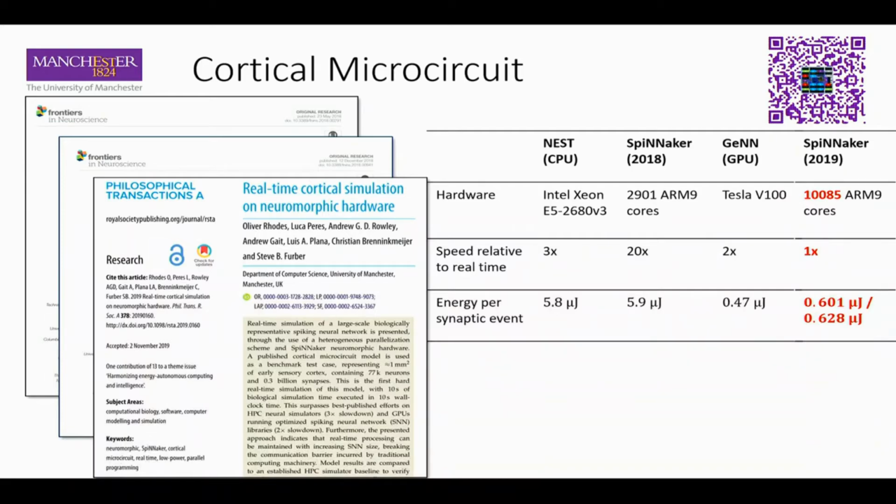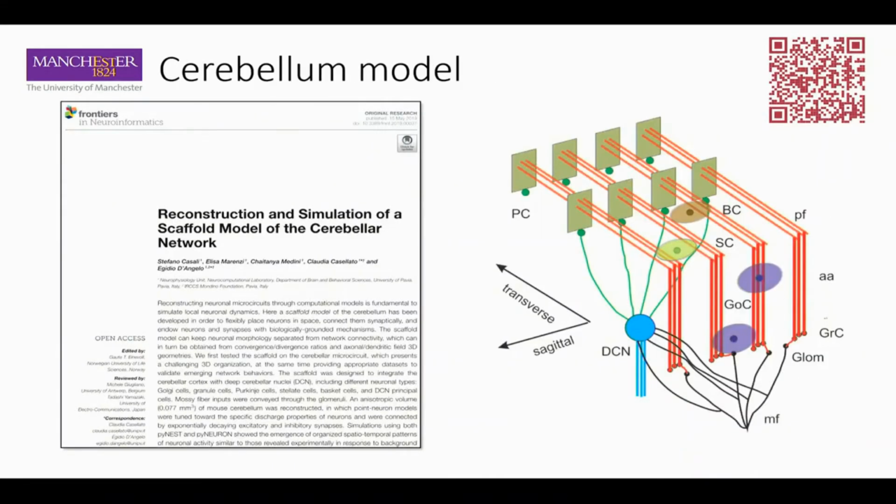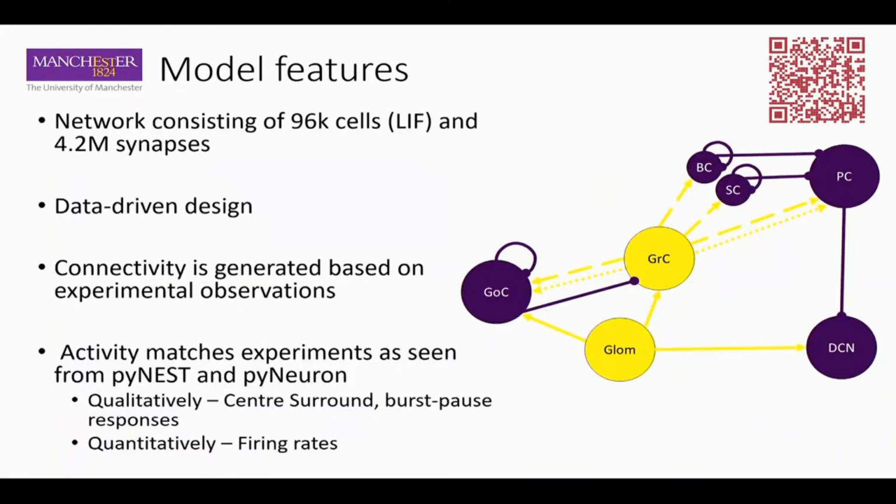Now the challenge is to do the same thing, but for the scaffold model that was presented yesterday and probably will be presented again today in the tutorials. This model comes with very interesting features, but also challenges for us. It also has about 96,000 cells, all leaky, integrate, and fire, and about 4.2 million synapses, although they're organized differently than in the cortical microcircuit.